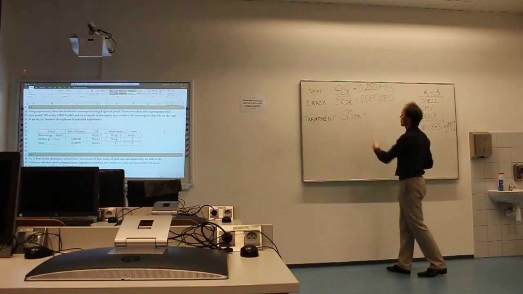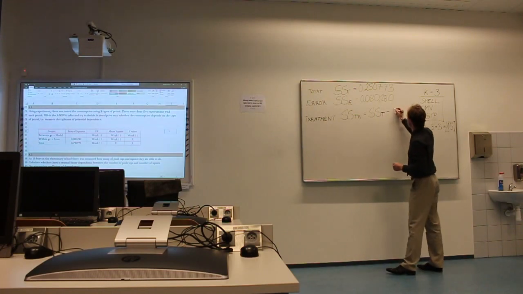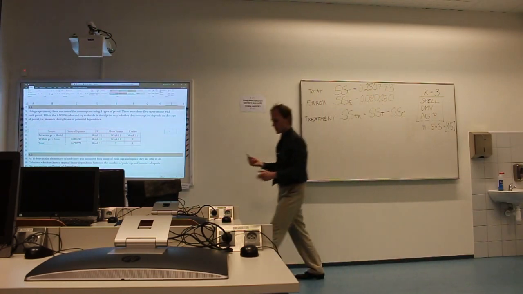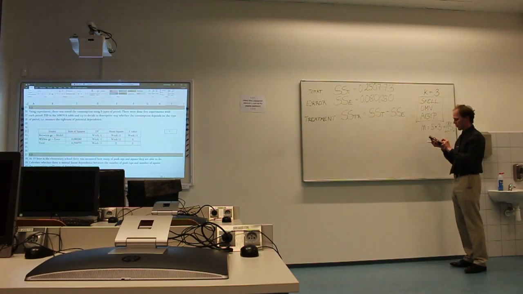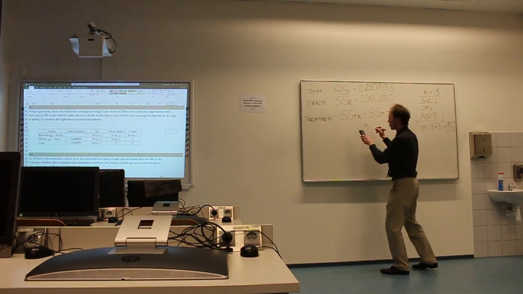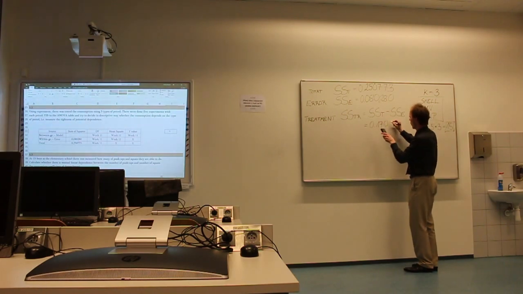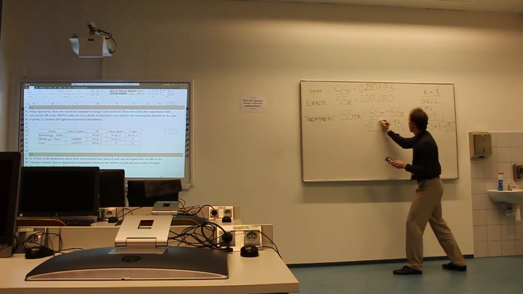We calculate this treatment sum of squares as the total sum of squares minus the error sum of squares, a simple difference. So 0.250773 minus 0.080280 is equal to 0.170493, the treatment sum of squares.